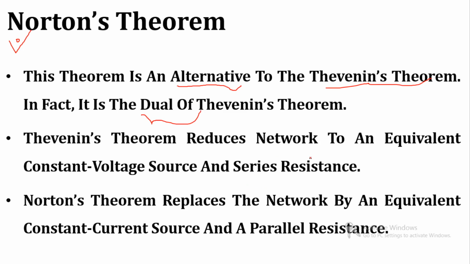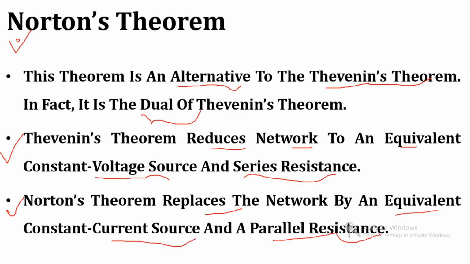So in simple way we can say that in Thevenin's theorem we will reduce a network with equivalent constant voltage source with series resistance. Now in Norton's theorem we will replace a network by equivalent constant current source with parallel resistance.